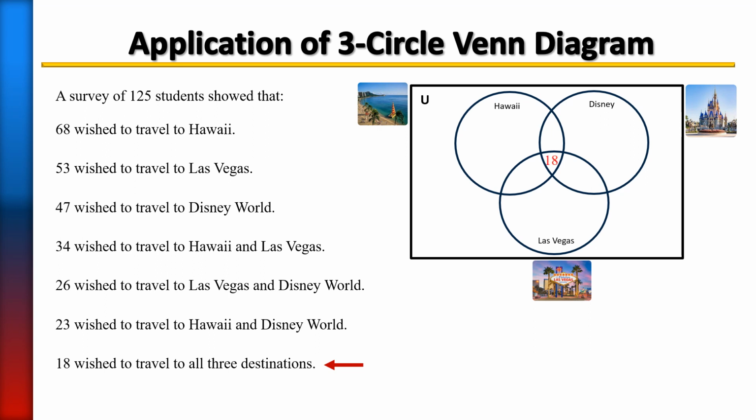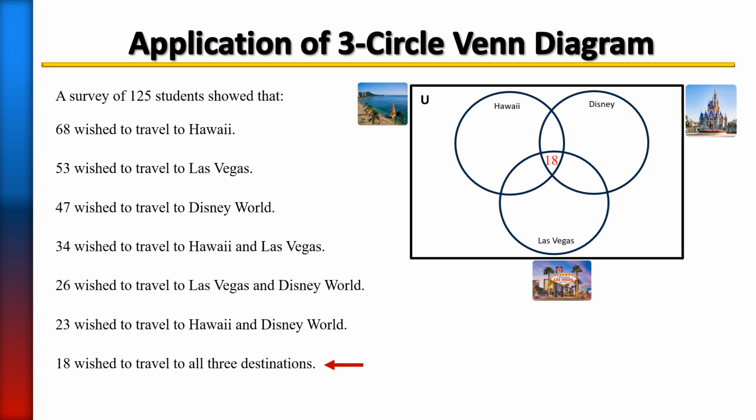Now, because you have an 18 here in all three circles, once you start putting numbers inside the circle, you have to account for the 18 that's already there. In other words, there are 18 in Hawaii right now, 18 in Disney, and 18 in Las Vegas. So anything related to those circles, you have to account for those 18 that are already there.